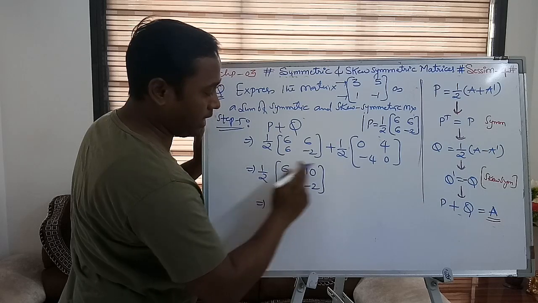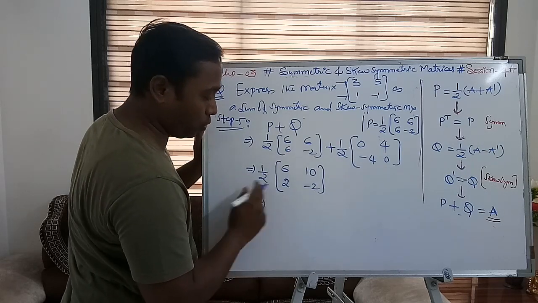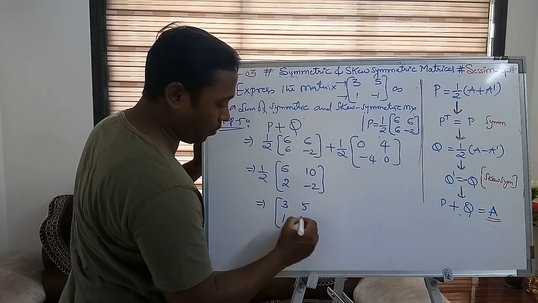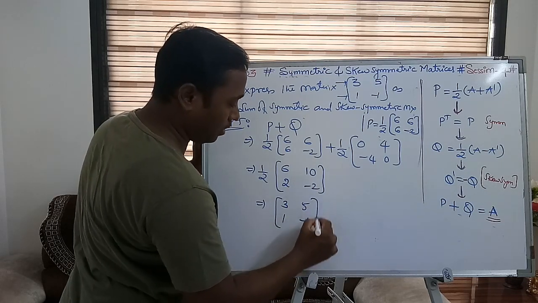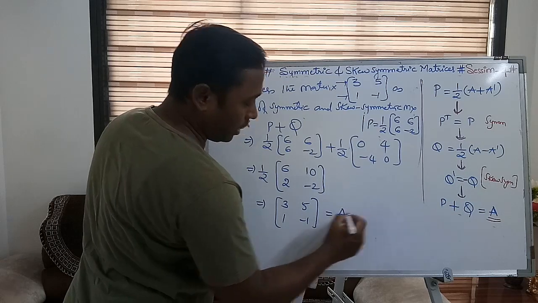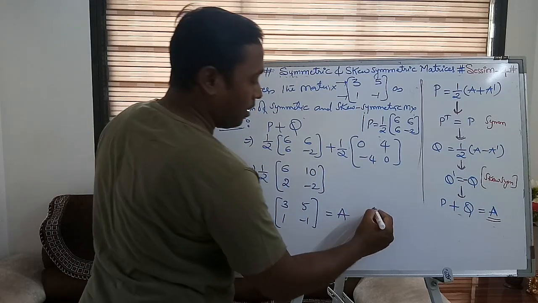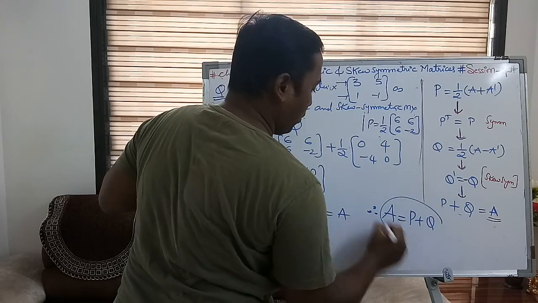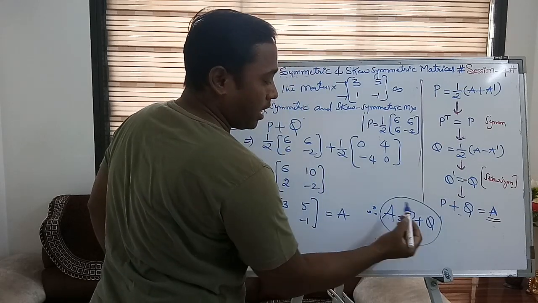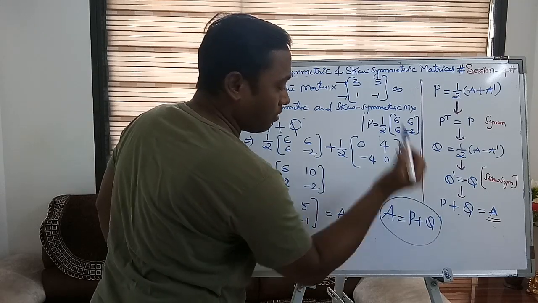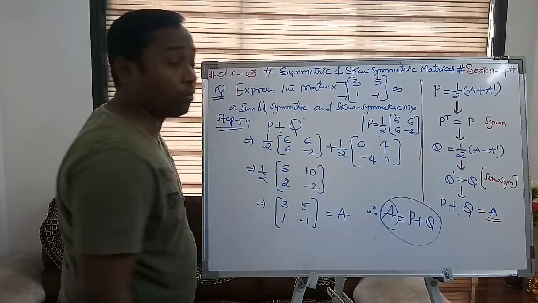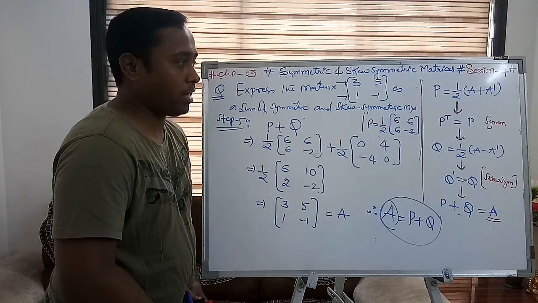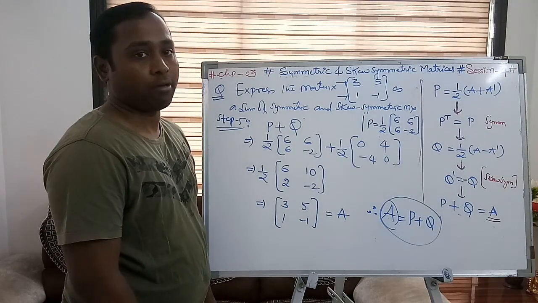Now by dividing the entire matrix by 2, I get 3, 5, 1, minus 1, which is equal to A. P plus Q is A. Therefore, A can be written as P plus Q. Hence, it is written as the sum of a symmetric and a skew symmetric matrix. Hence proved. This is a very important question, a 4-mark type question frequently asked in the boards.